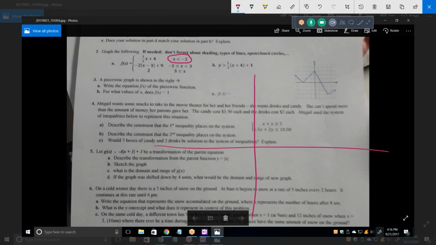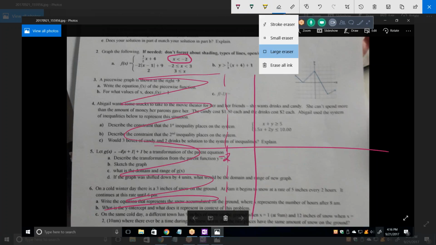If I put the point -2 on there, what I'm doing is, anything to the left, this is an imaginary dotted line, not a dotted line that's going to end up on my graph. But I'm saying that whenever x is in that region going all the way to -infinity, I'm going to have that first function.